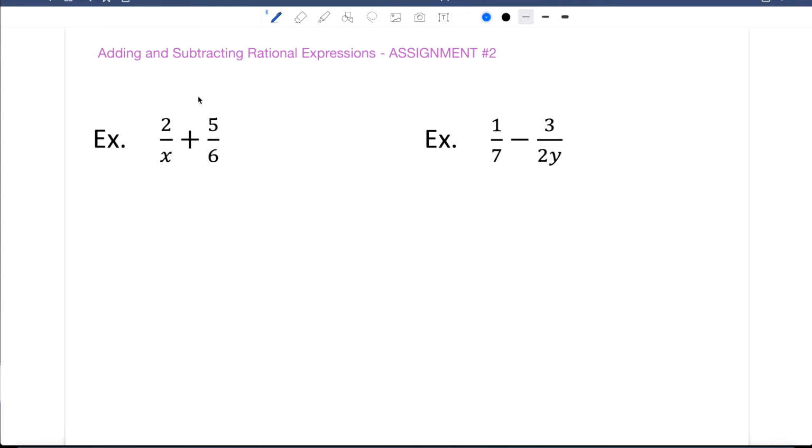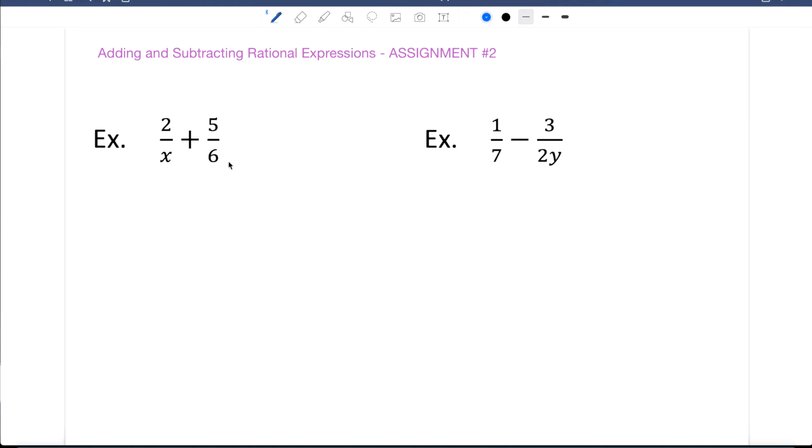There's something different that you're going to see on assignment number 2 that you didn't really see on assignment number 1. So let me just kind of introduce you. There's a shortcut. So the shortcut is you kind of gauge your denominators and see if you can just modify one of the fractions to match the denominator of the second one.